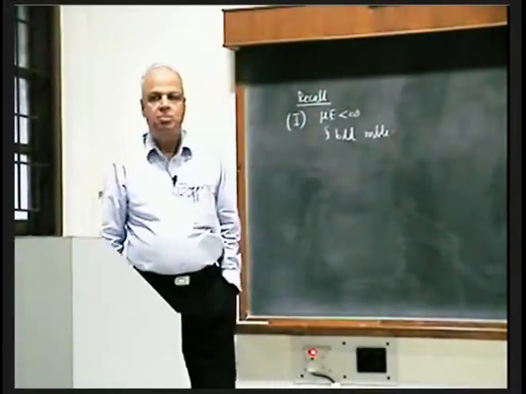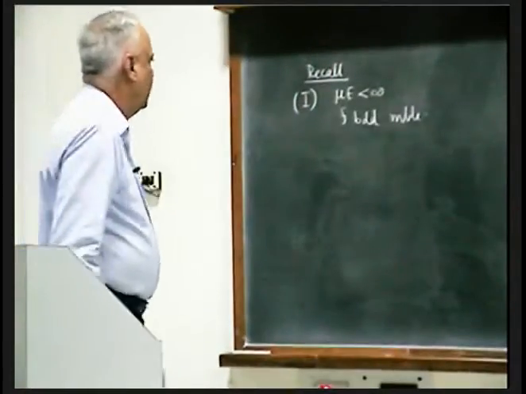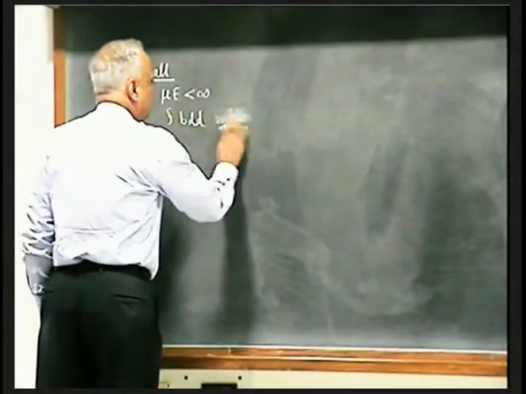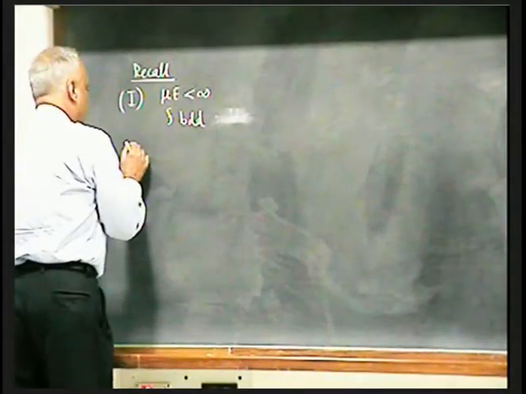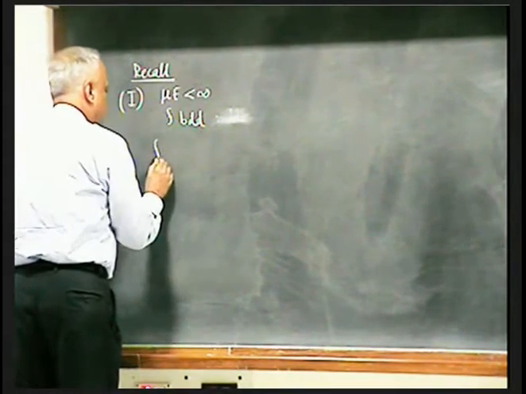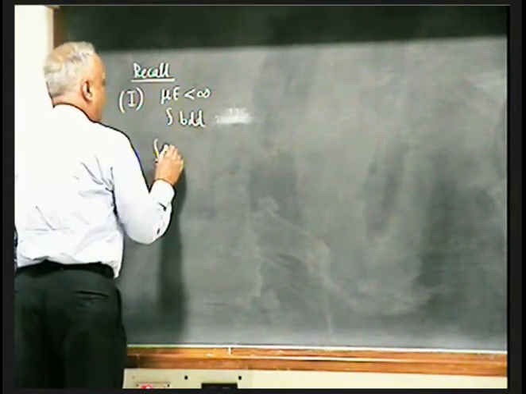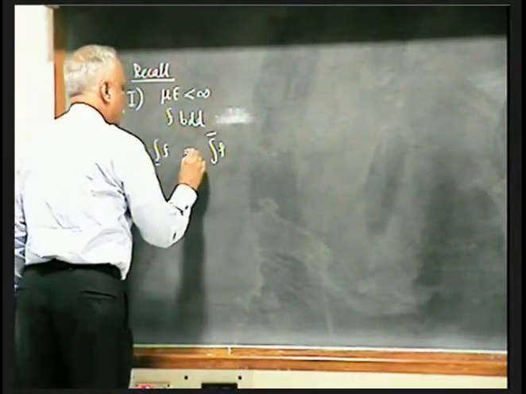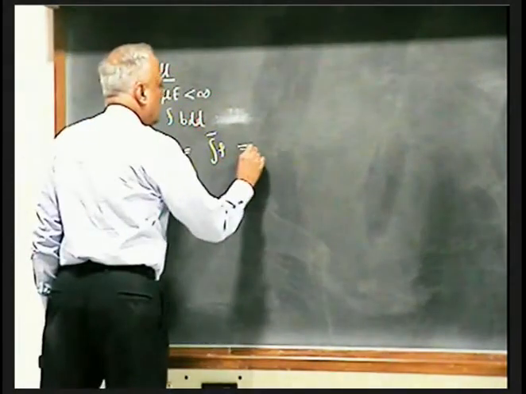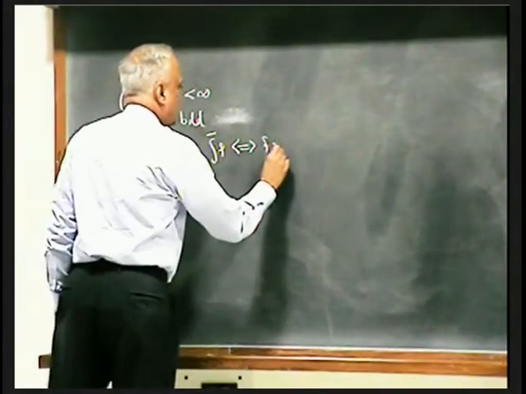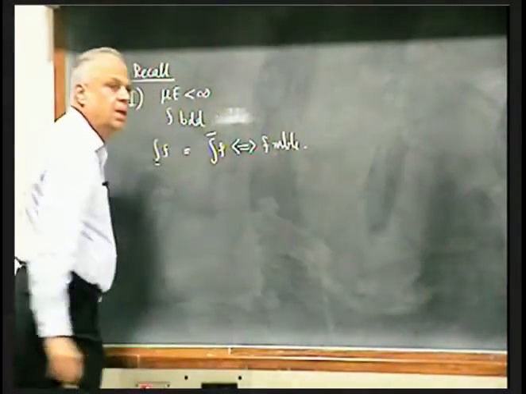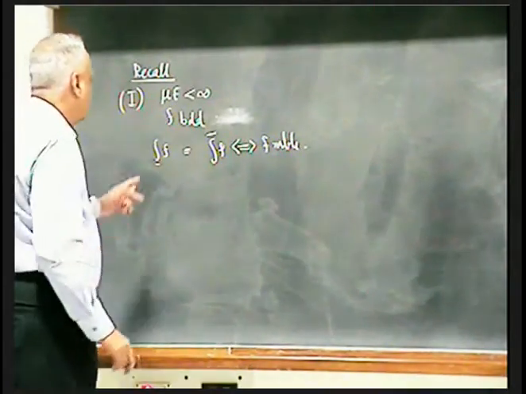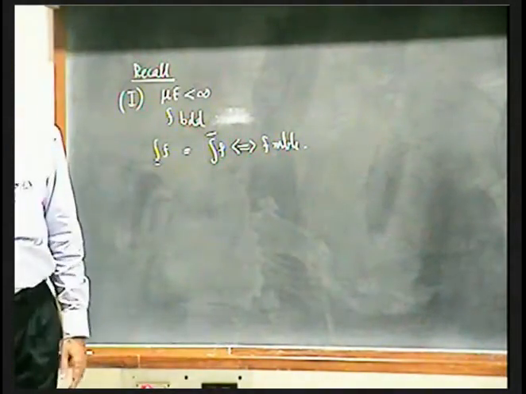We looked at this special case, and we said that the Lebesgue lower of f and the Lebesgue upper of f are equal if and only if f is measurable. And therefore, for those functions, this common value is defined as the integral.